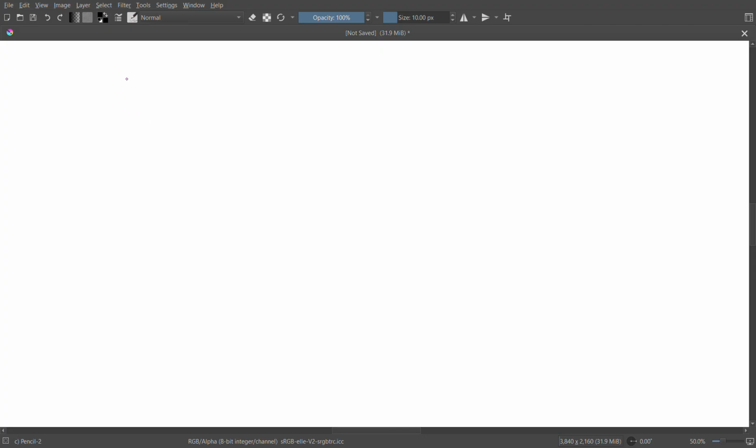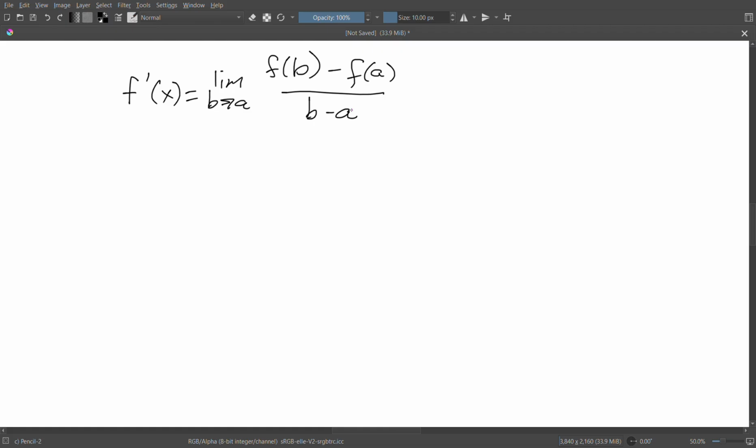So we're going to define the derivative of f. We write it f prime of x as the limit as b approaches a of f of b minus f of a over b minus a, right?